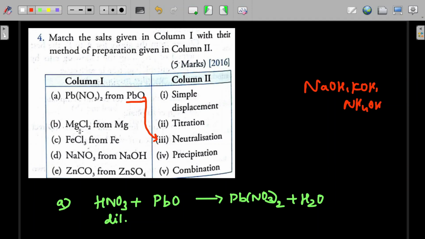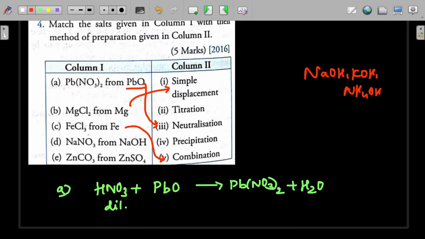MgCl2 from Mg. Whenever an active metal is there, it is simple displacement. Except FeCl3, as I told you, fix in your mind that it is combination; first you match that only. Then for another active metal, where you want to get the salt of that, you will always match it with simple displacement.